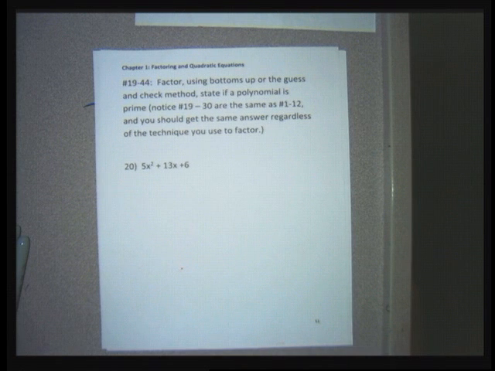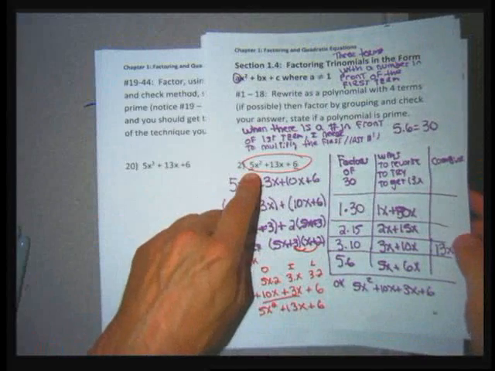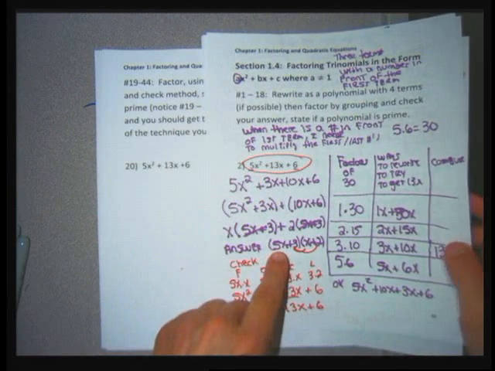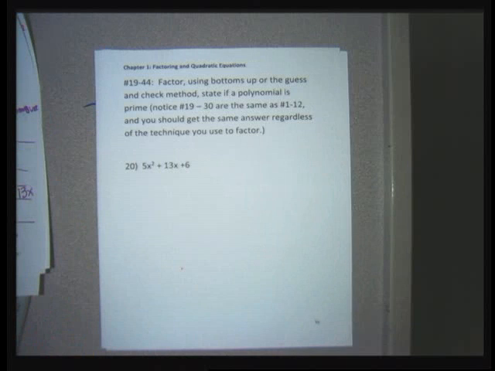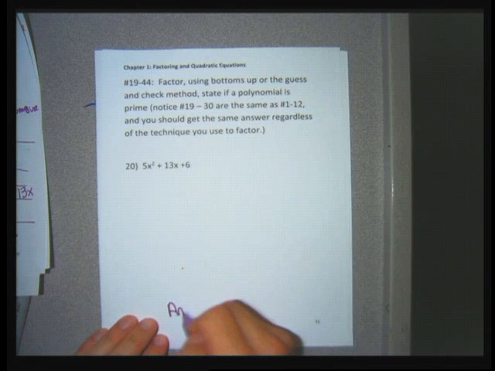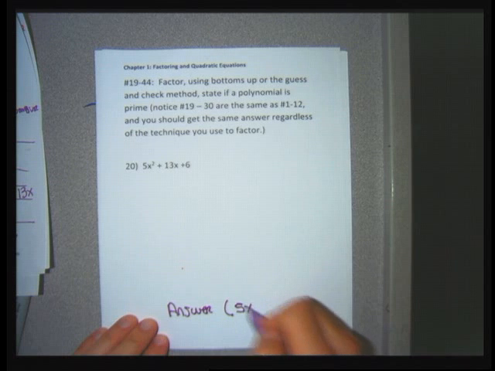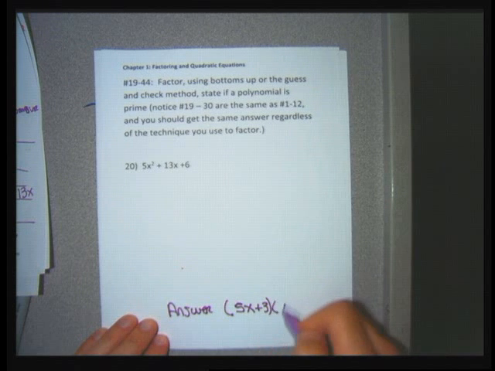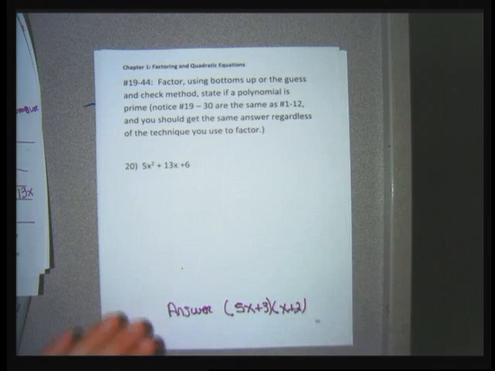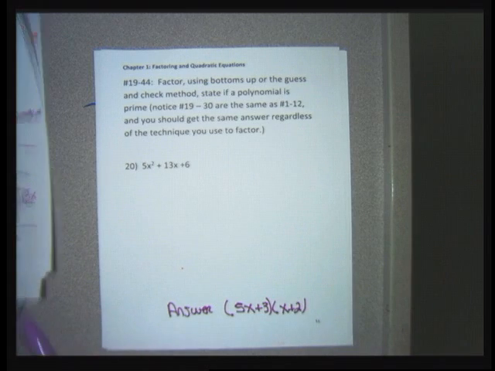So we'll look at 19 through 30 first, and all of a sudden they're the same as 1 through 12. So I know the answers to these problems. Problem 1 asked me to factor 5x squared plus 13x plus 6, and I got 5x plus 3 times x plus 2 for an answer. So I know the answer when I get done with this is supposed to be 5x plus 3 times x plus 2, because regardless of the method I use, I'm not going to get different answers.